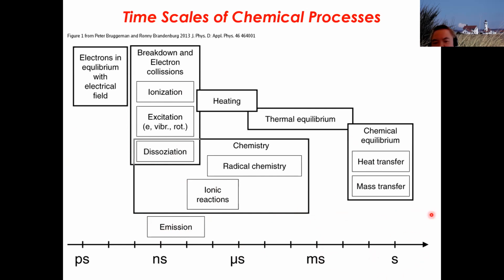Most of the phenomena that we are comfortable with happen at a scale of seconds, but in many respects, many of the most important processes happen at much faster scales, which require correspondingly more sophisticated tools to understand how these things operate.